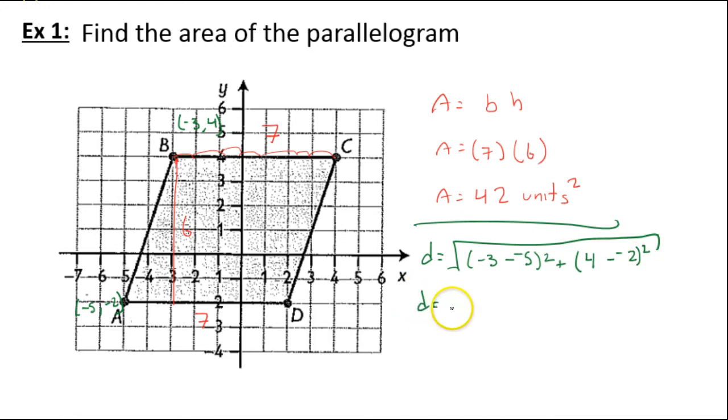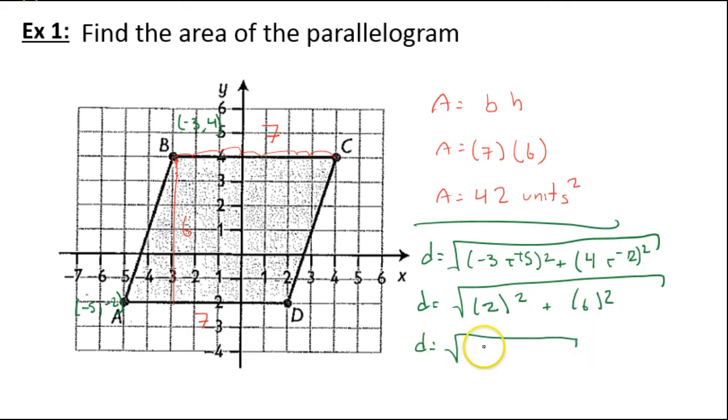We reduce that just a bit. These two turn positive, so we end up with 2 squared plus, these two turn positive, 6 squared. We reduce just a bit more. We get 4 plus 36, which is the square root of 40, which if you do the factor trees just gives you 2 root 10.